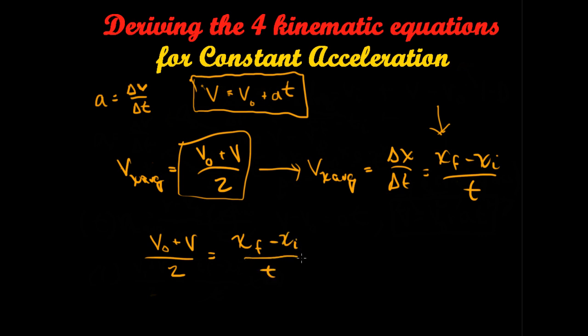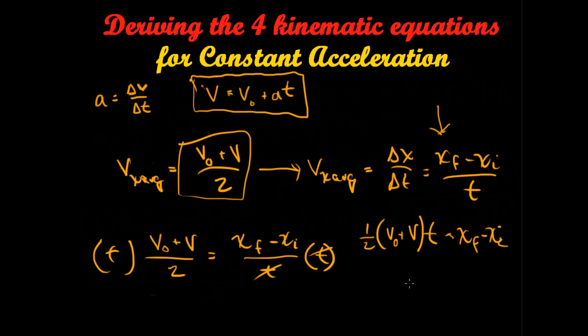Now it's simply, once again, algebra gymnastics. Multiply each side by t, and you get 1/2 of the initial velocity plus the final velocity times the time equals the final position minus the initial position.